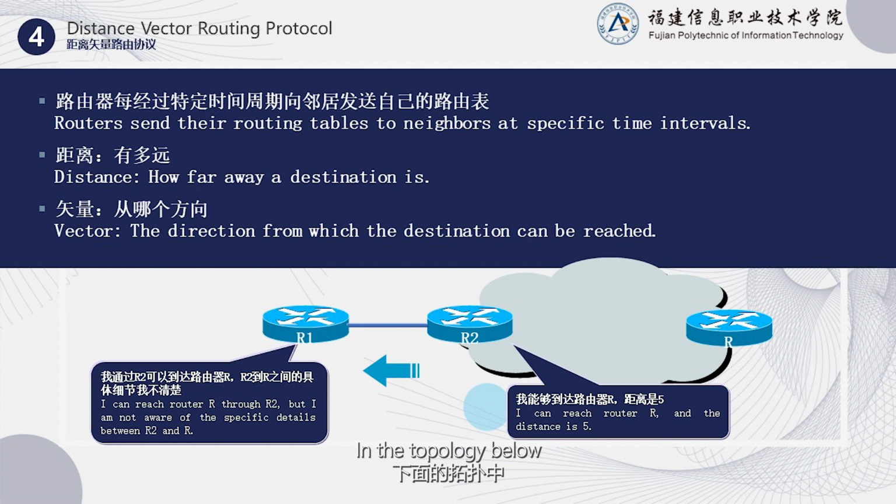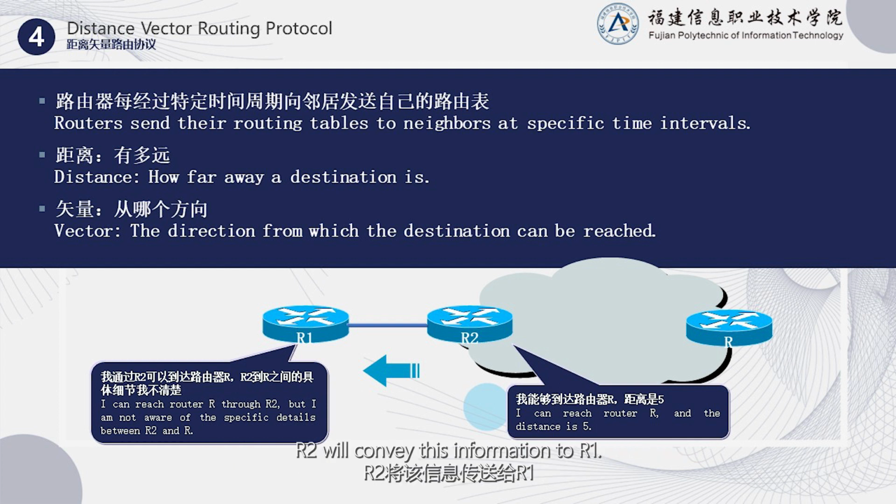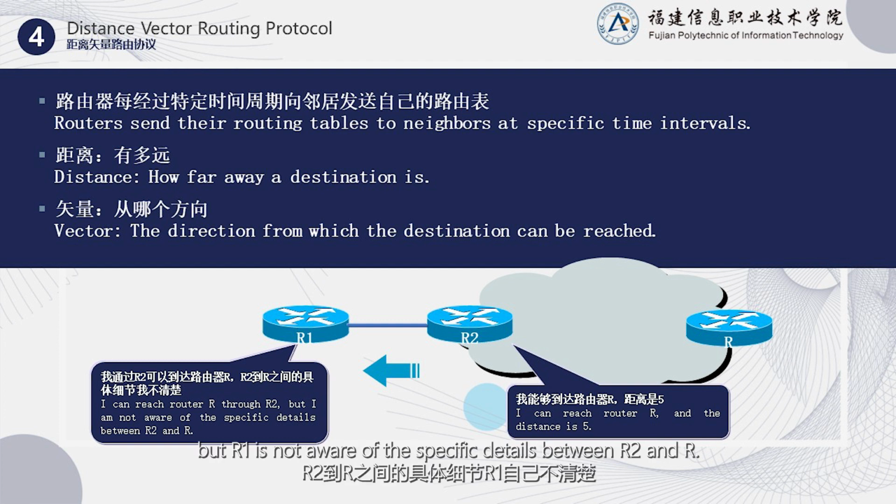In the topology below, assuming router R2 can reach router R with a distance of 5, R2 will convey this information to R1. At this point, R1 knows that it can reach router R through R2, but R1 is not aware of the specific details between R2 and R.